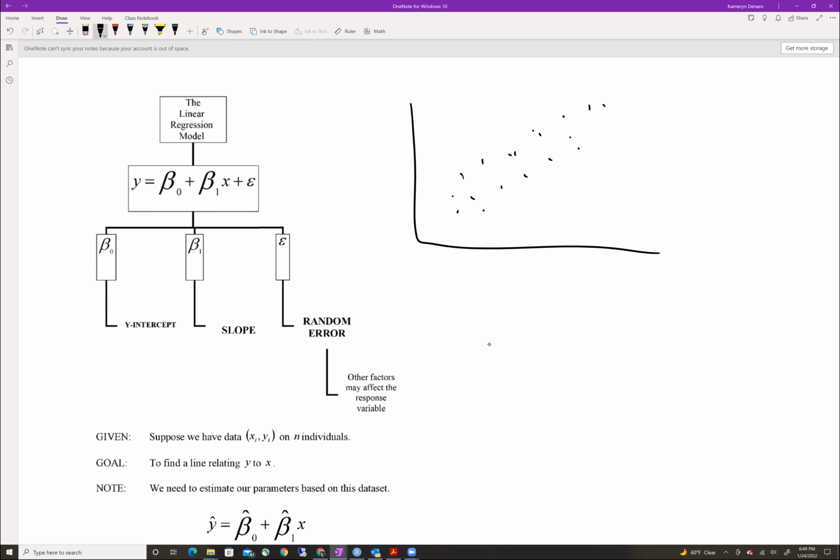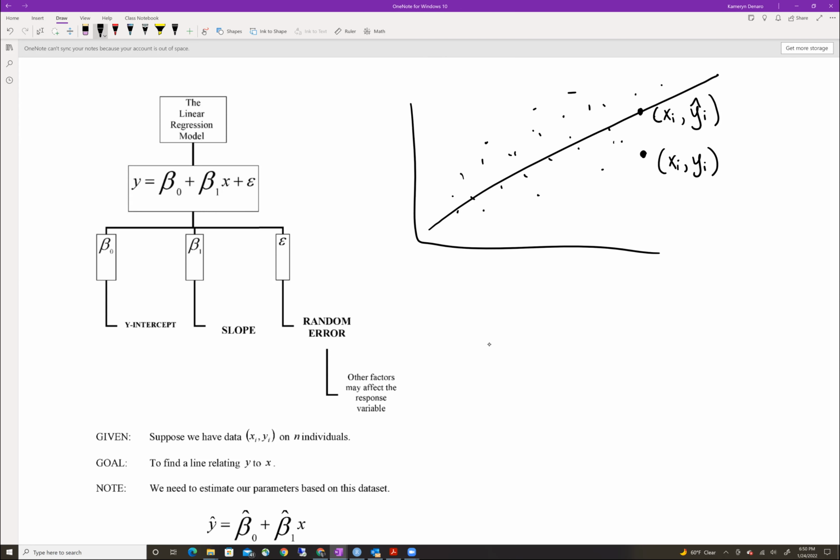The data points are not going to be exactly on a line, right? And then here, the distance from any point on the line to the corresponding data point, that's going to be the error, right? So we have our observed data point, xi, yi, but then on the line, that's going to correspond to xi, y hat i.